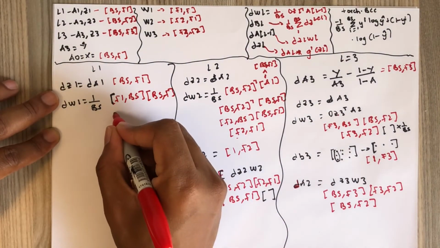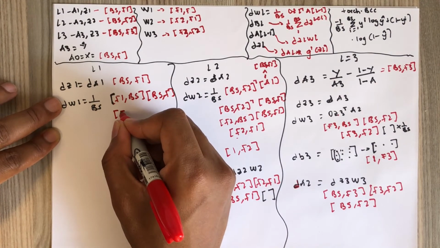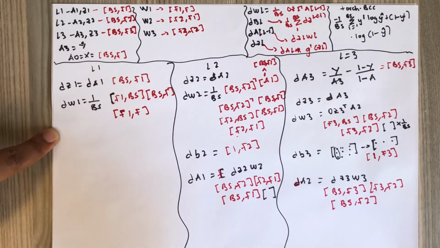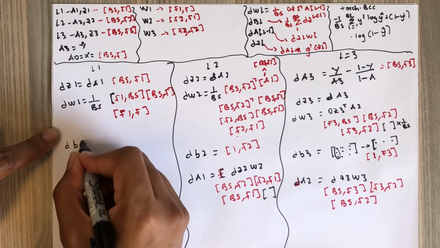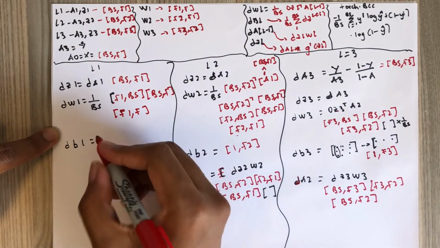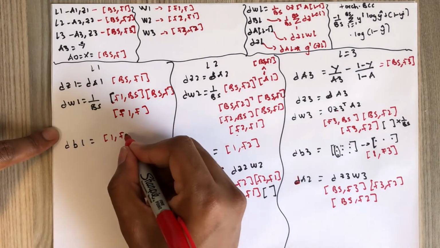When you multiply, you end up with a tensor of dimension f1 by f. Alright, let's get to db1. Just like in here, db1 is 1 by f1.